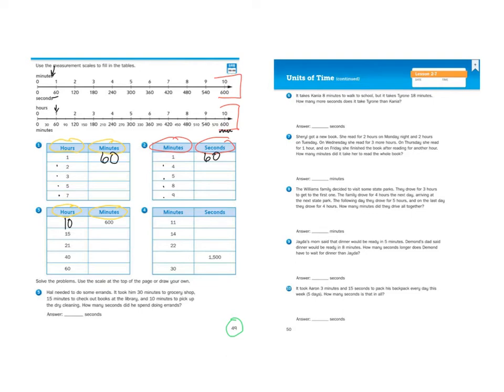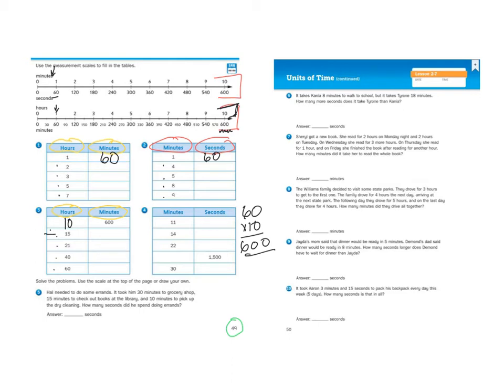I also know that if I did 60 times 10, I would be adding another 0 to 60, which makes it 600. But if you look at the chart now, it doesn't go any further than 10 hours. But these all have more than 10 hours. So you're going to need to double or look at the two together.